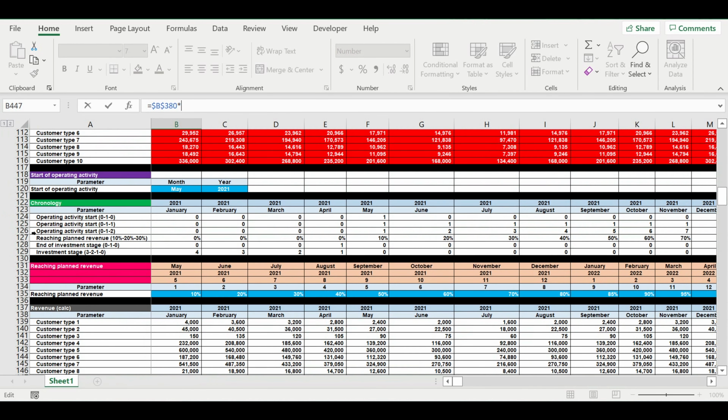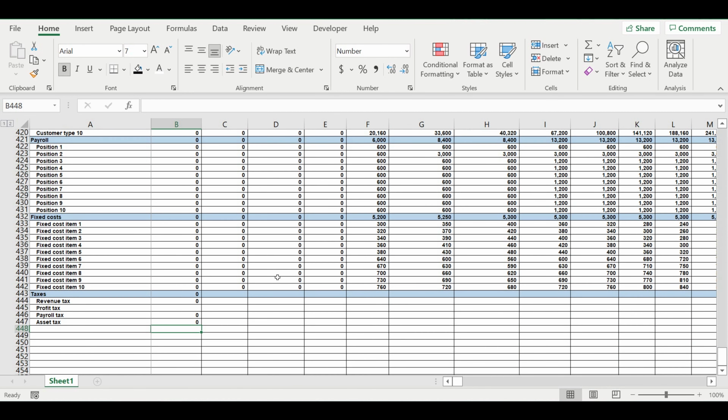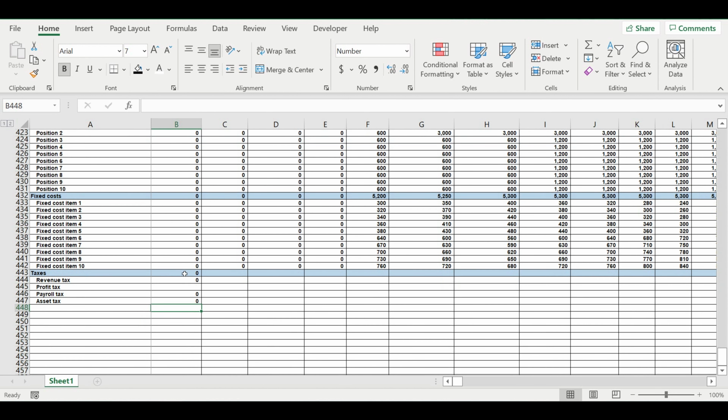Yes, here it is, operating activity. So we just multiply this value. 0 means that we don't have operating activity. 1 means that we do have operating activity at this moment. So now we extrapolate these formulas to the right.